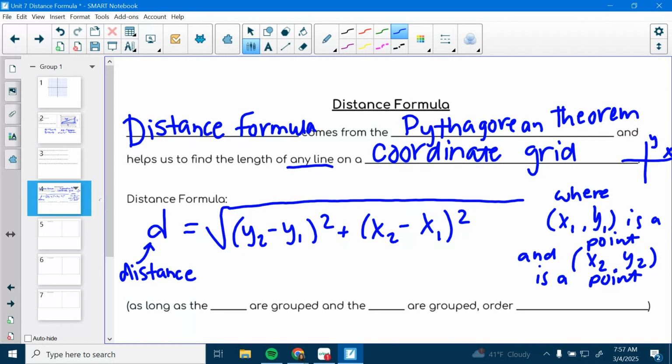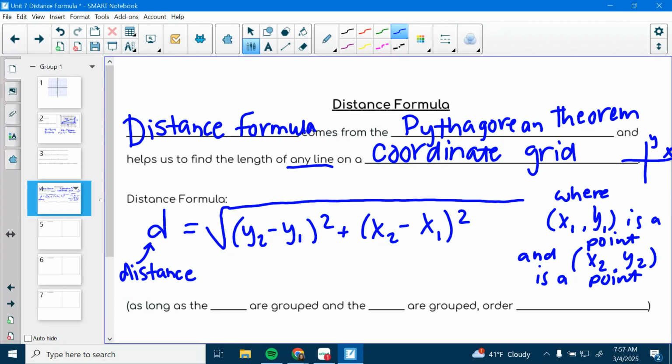So those x2s and y2s and x1 and y1, those just indicate those are points. x1, y1 is a point, or we could call it point 1, the x value and the y value of point 1. And the same thing goes for y2 and y1.